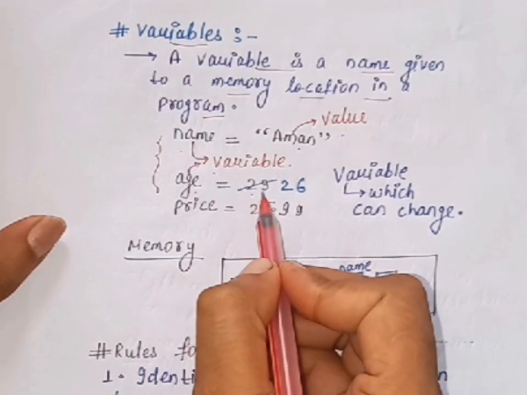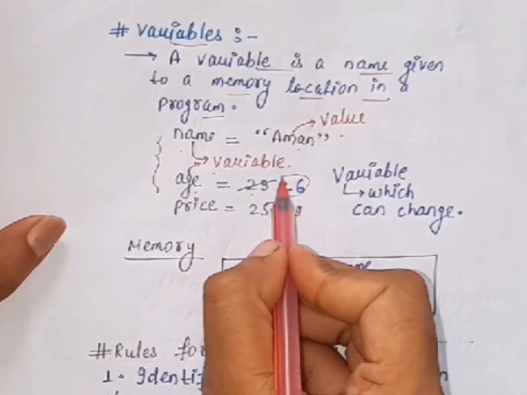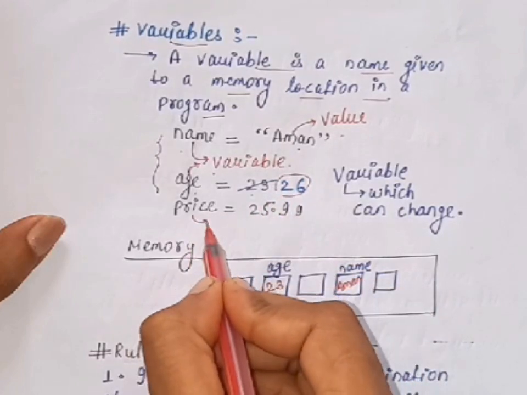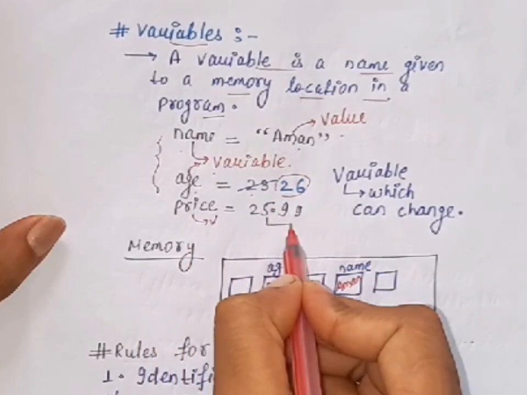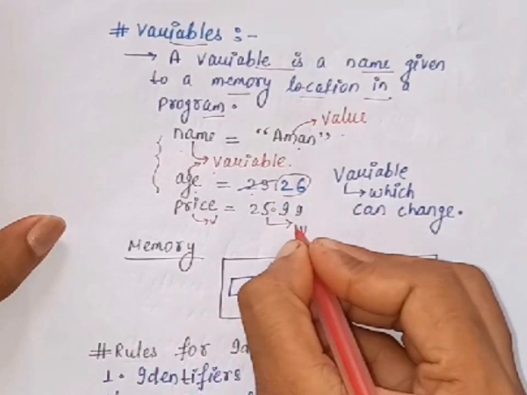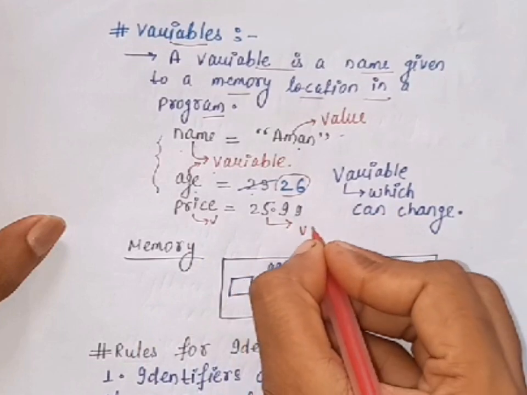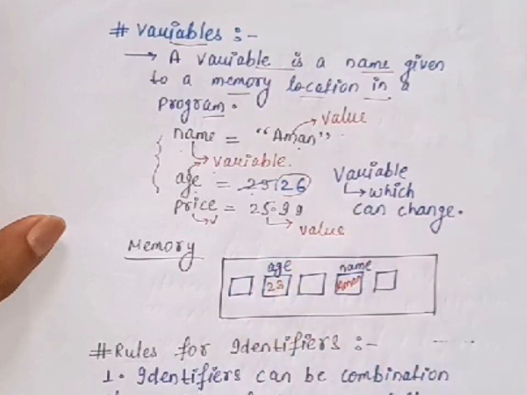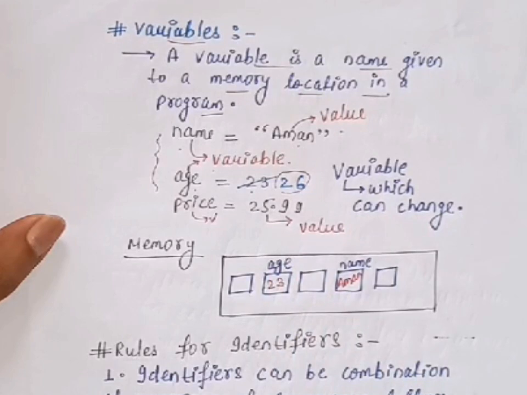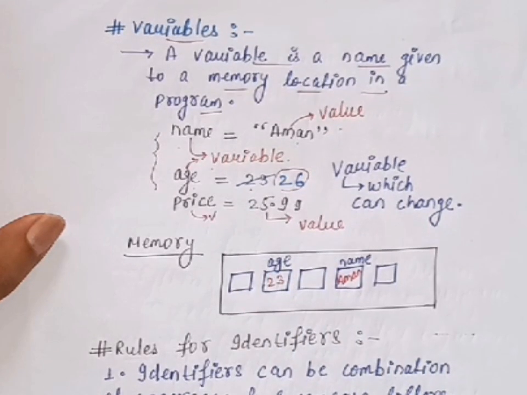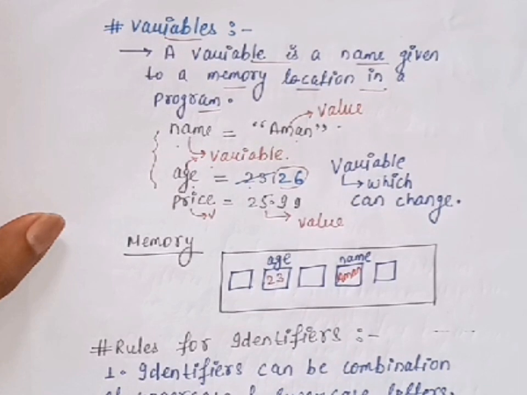It can update after some time to 26. Price is a variable and 25.99 is a value. We can update these values because variables can change. For instance, age can be updated from 23 to 26 after some time.